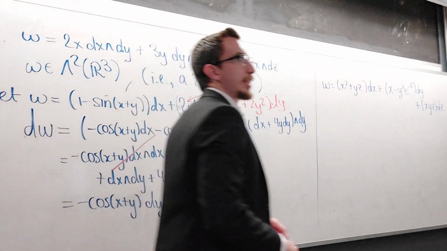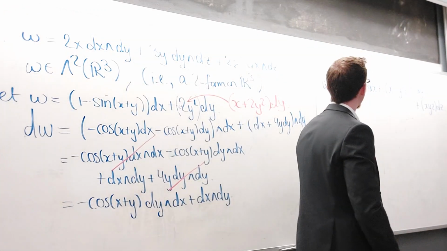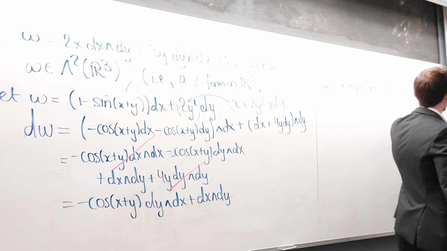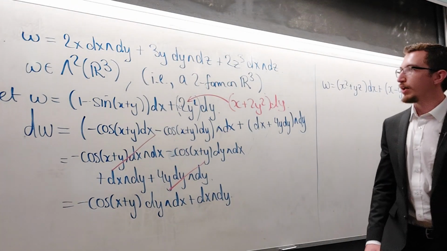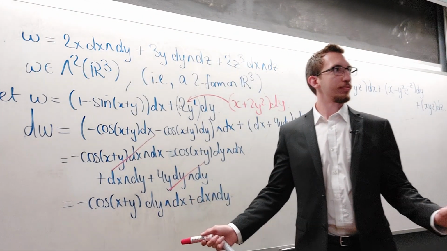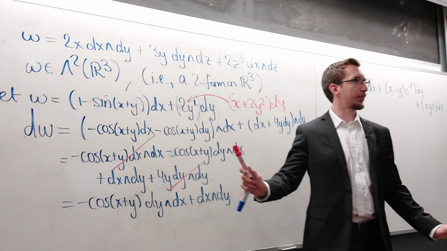What's the associated vector field to this one form? This with an i, this with a j, that with a k. Two forms you can't associate to vector fields, right? What are you going to check? What's j wedge i? We don't know what that means.